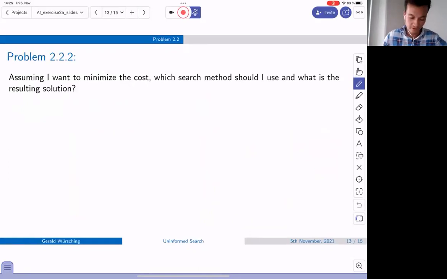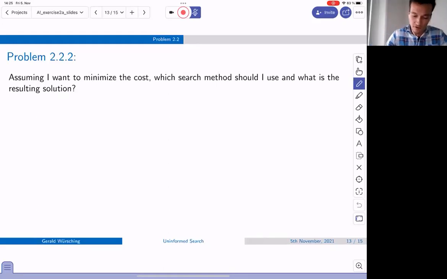It's again a tweetback question. In this case, the question is, if you want to minimize cost, which search method should you use? You can just vote in tweetback again. For now, I see almost all people choose uniform cost search.